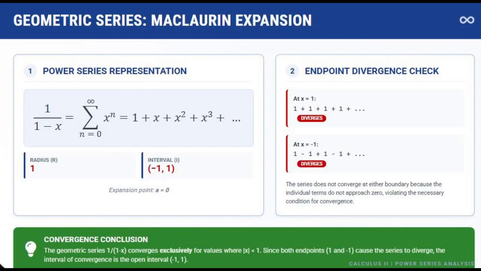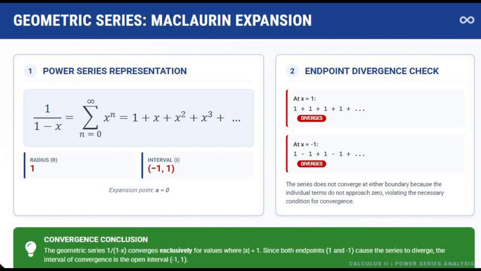However, we must still check the endpoints. At x equal to 1, the series becomes 1 plus 1 plus 1 plus 1 and so on. This series diverges. At x equal to -1, the series becomes 1 minus 1 plus 1 minus 1, and so on.